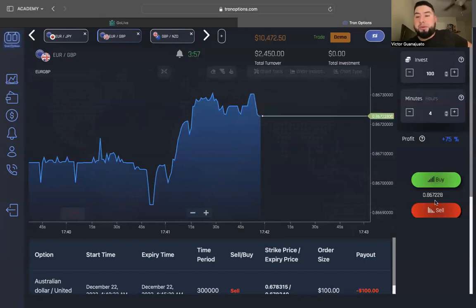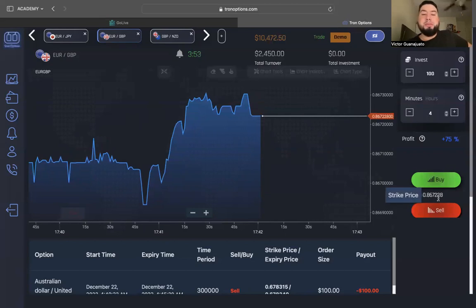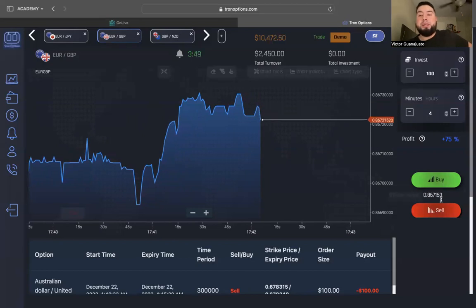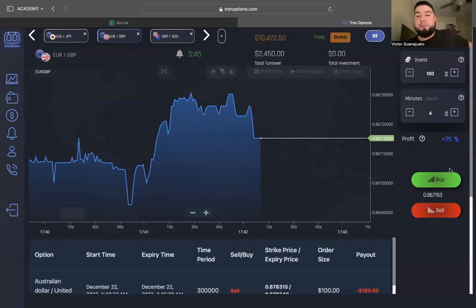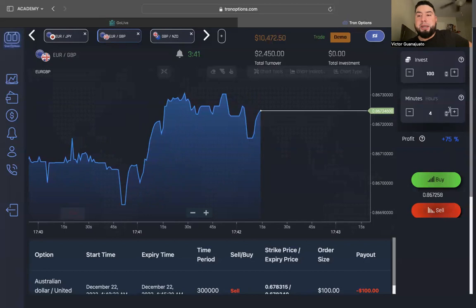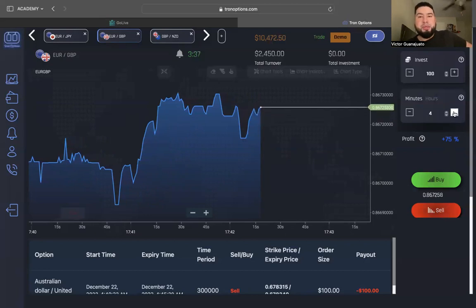But whenever I'm waiting for my operation to hit the entry level, and the entry level means basically the exact moment I'm going to click either my green or red button, instead of being ready with my cursor on the button, I actually have it ready right here. So let's do an example.